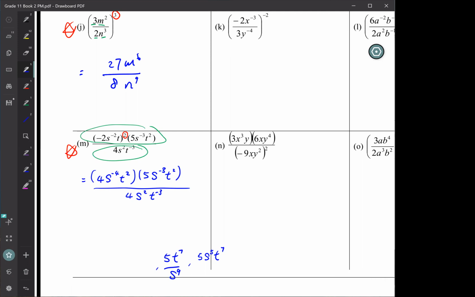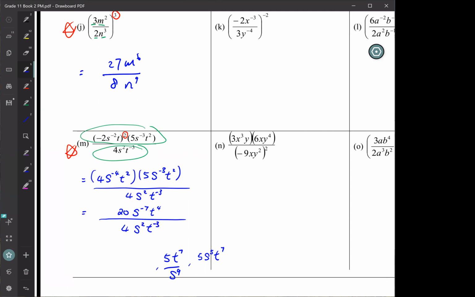So far, okay? And then we're going to multiply the top together. So that will make it 20 s to the negative 7, because you add the exponent, t to the 4. Anyone has questions so far? And bottom, I'm just copying.